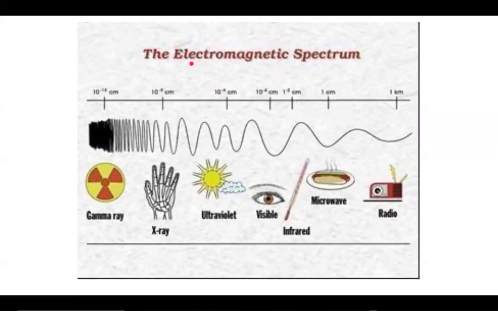So we have the male and female. Electrical is the male, magnetism is the female. The two can never be separated. Remember, we said that the word individual means the undivided duality. Electromagnetic is an individual, it is an undivided duality.